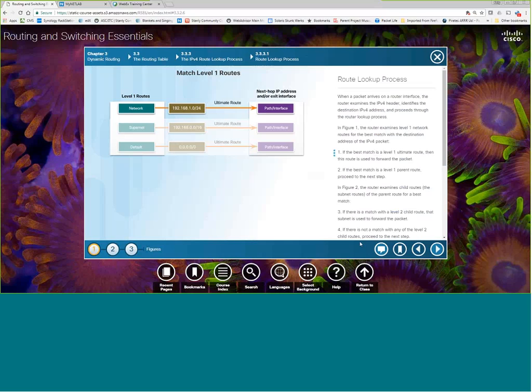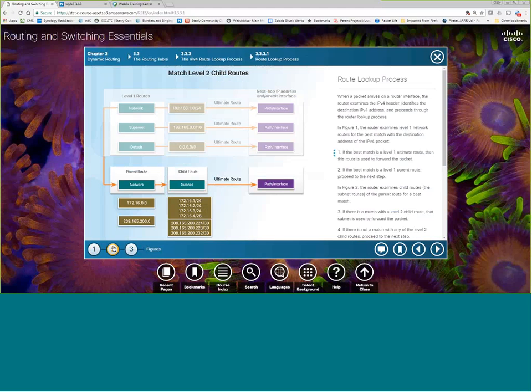It's important to know how the route table works, how the routes are in there. It is hierarchical. The first thing it's going to always try to do is match a level 1 route. If it matches a level 1 ultimate route, it's going to use that. It will use the longest match of a level 1 ultimate route. If it doesn't match any level 1 ultimate routes, it'll look for a level 1 parent route, and then check the child routes to find a route.